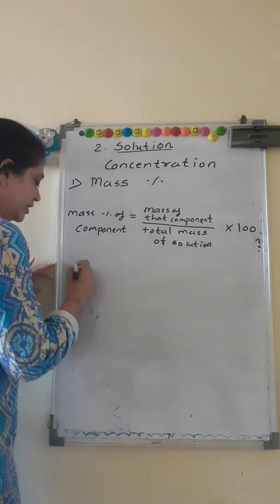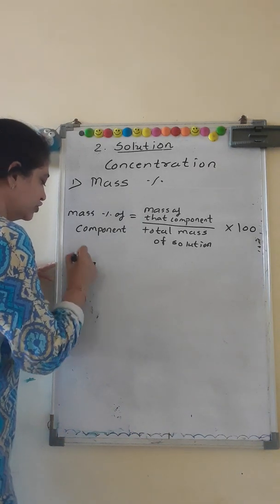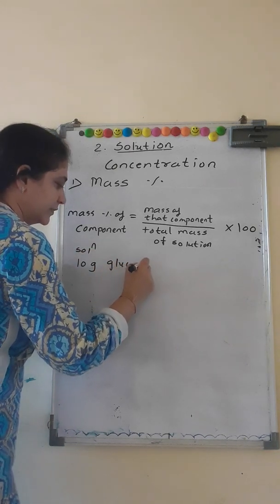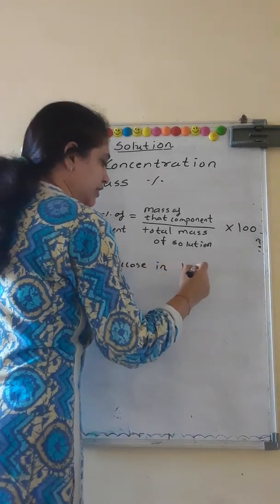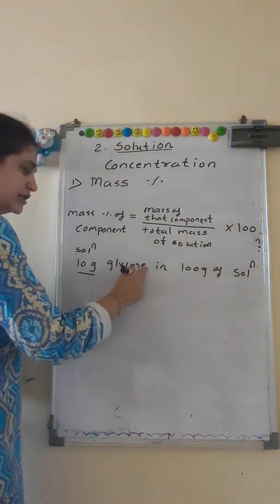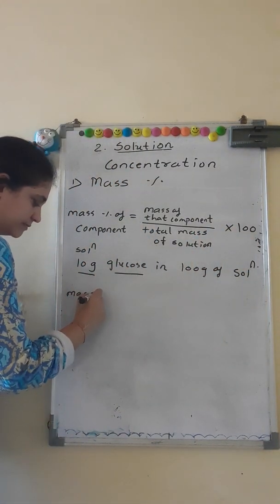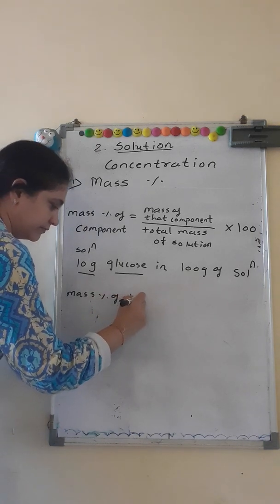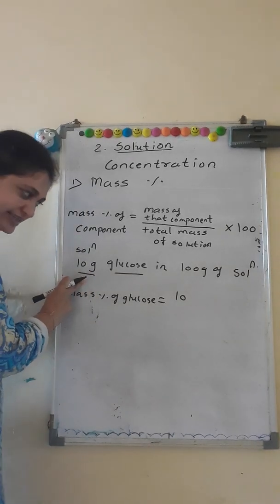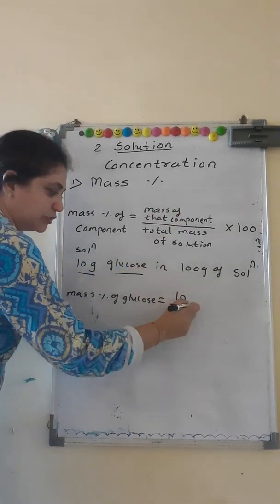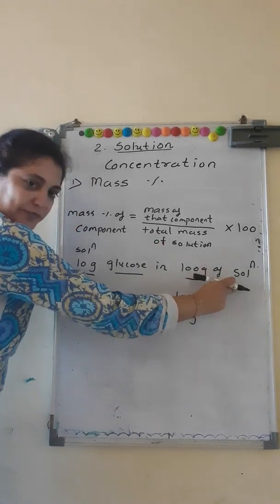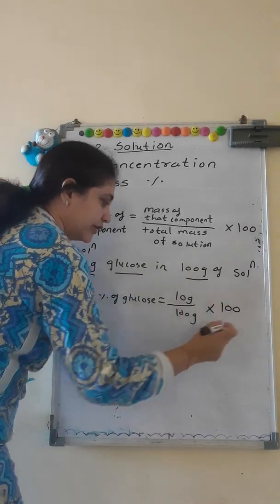For example, a solution of 10 gram glucose in 100 gram of solution. Mass percent of solute is equal to 10 because its mass is given as 10 gram. So mass of that component, 10 gram, divided by total mass of solution, 100 gram, multiplied with 100.